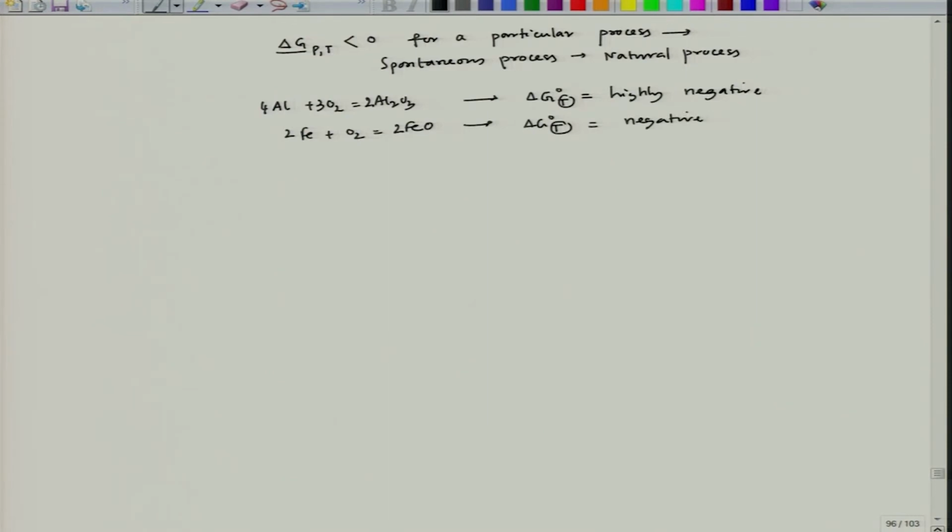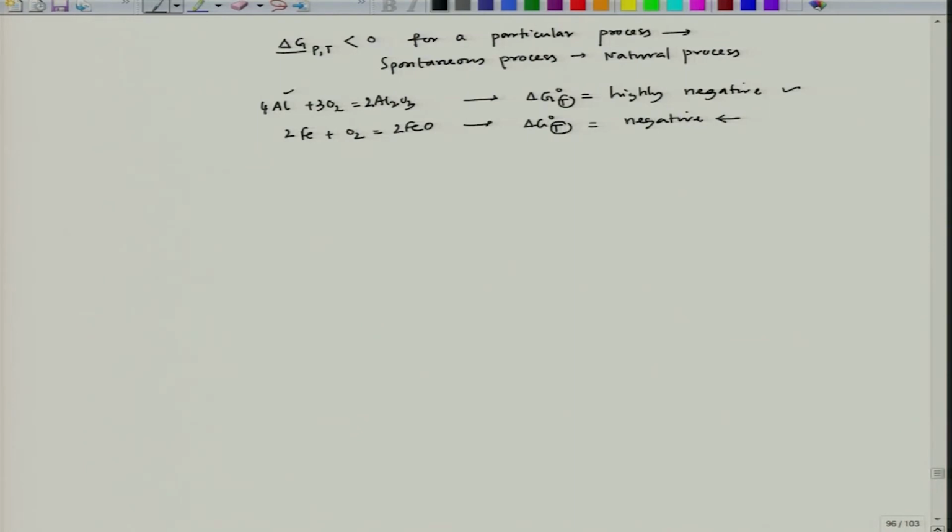We will see later with the help of the Ellingham diagram the actual values of delta G0 at the temperature where oxidation is taking place, which would be very highly negative for this case as compared to iron oxidation to FeO. So, we can say that aluminum has a very high affinity to oxygen as compared to iron.